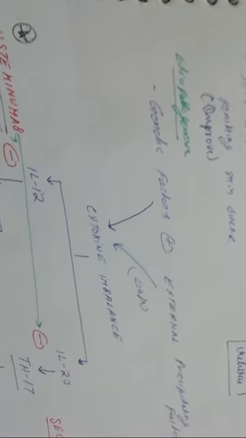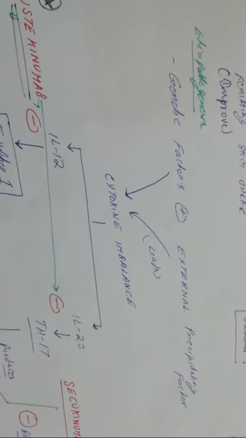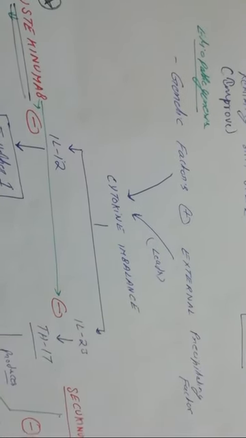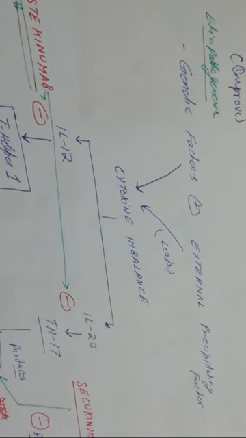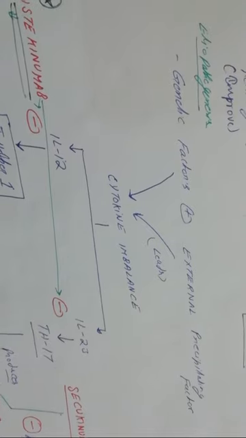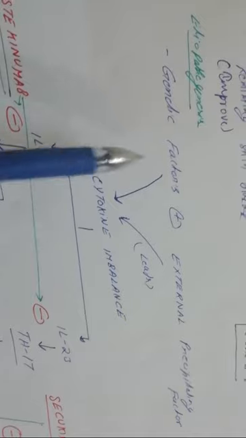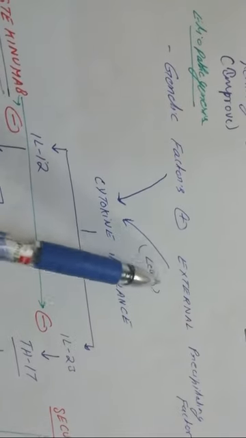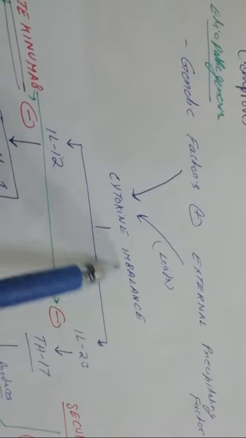What is happening in psoriasis? You have two causes. Genetic factors can lead to psoriasis, and you can have external precipitating factors. We'll deal with this in detail, but right now just understand that because of genetic factors or external precipitating factors, there will be a cytokine imbalance.